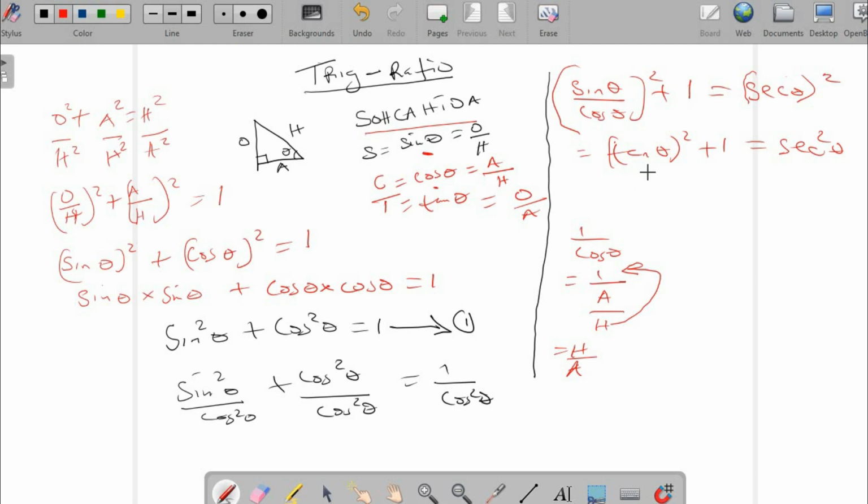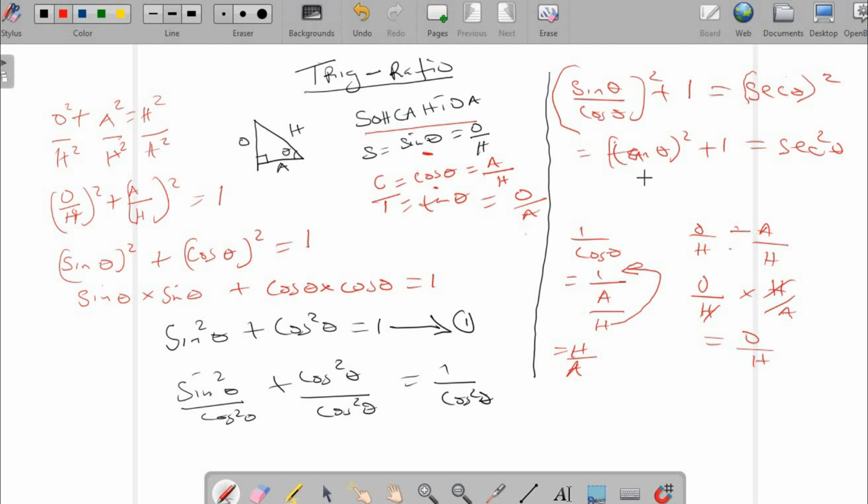Now how do I get tan theta? I will explain. Remember that sine theta is opposite over hypotenuse, divided by cos theta, which is adjacent over hypotenuse. When you work it, opposite over hypotenuse times hypotenuse over A, the hypotenuses cancel, and you are left with O over A. Now O over A is tan.